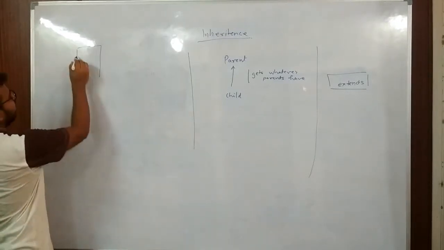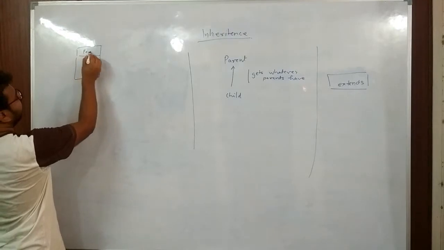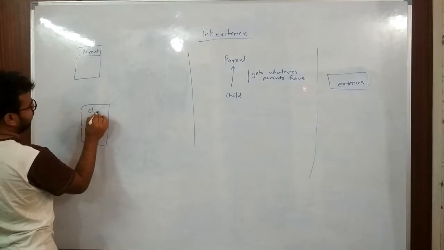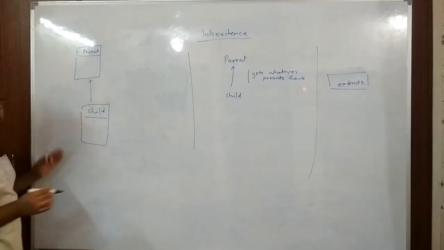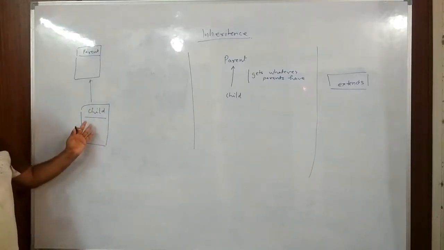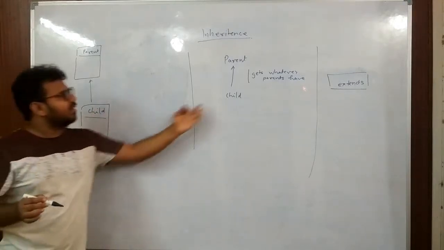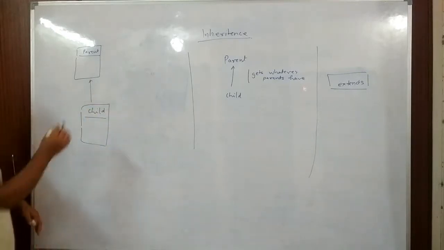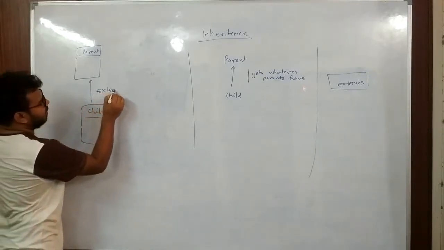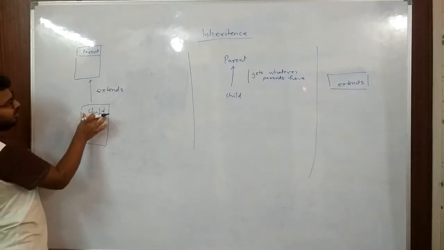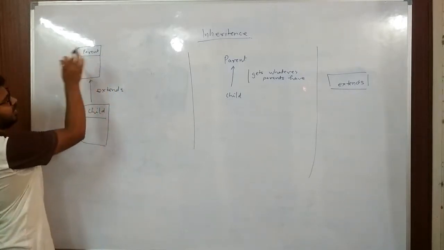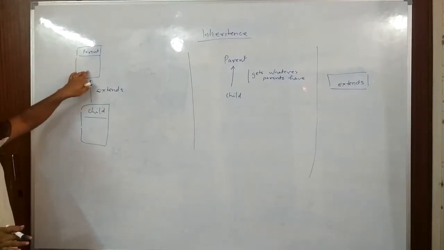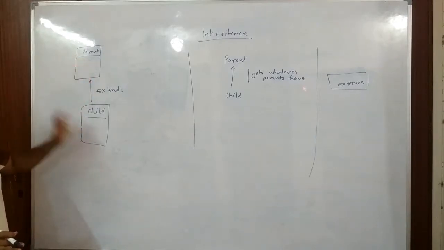Here we have a parent class, and here we have a child class, and how does this child get whatever the parent has, that is, how does it get the data members? We simply write extends. That is, when we write public class child extends parent, then this child class gets all the instance variables and all the methods in the parent class.